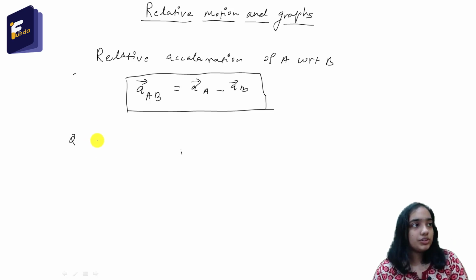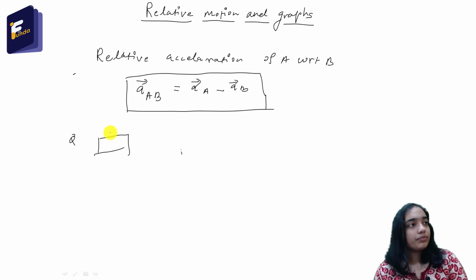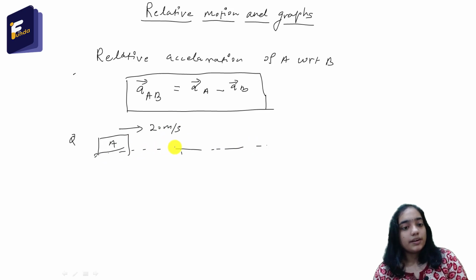So here is a small question. This is body A and it is moving with a speed of 20 meter per second, and the distance is 1000 meter, and here is a body B which is moving with a velocity of 10 meter per second, in the same direction.